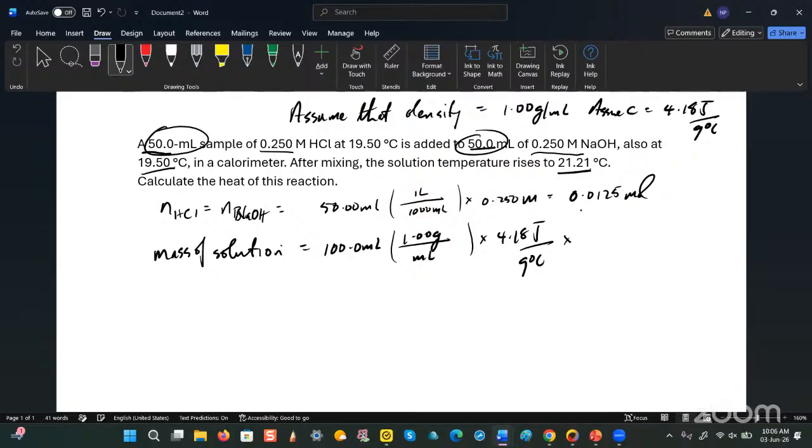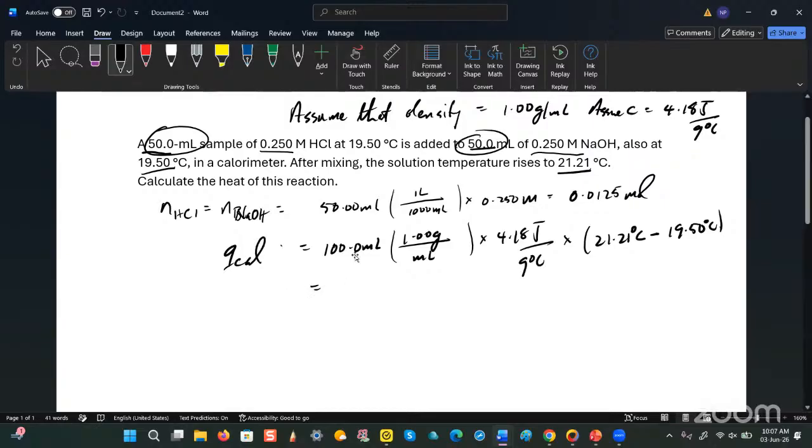The initial temperature is 19.50. So 21.21 degrees Celsius minus 19.50 degrees Celsius, right? So that would be the mass of the, well, actually, I need to correct this here. The first part here represents a mass, but what I'm calculating here is actually the Q of the calorimeter. All right.